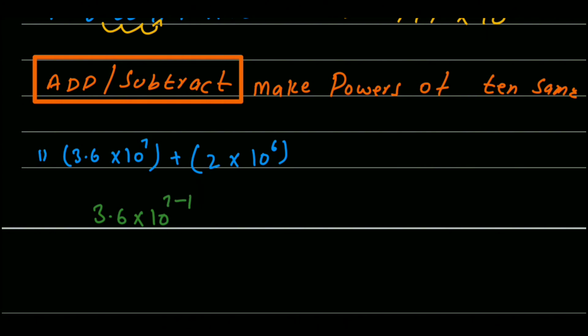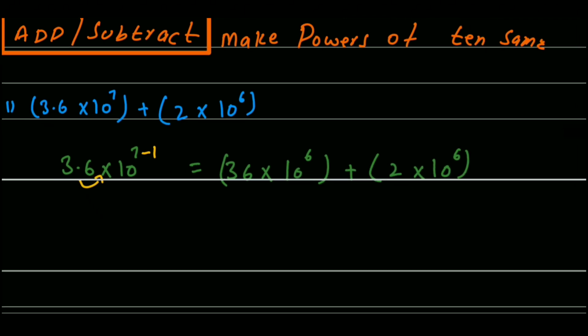We are reducing 1, so what we have to do, the decimal will move to the right side, one number right side, so it will become 36 multiply 10 raised to power 6. Plus 2 into 10 raised to power 6 will remain as it is.